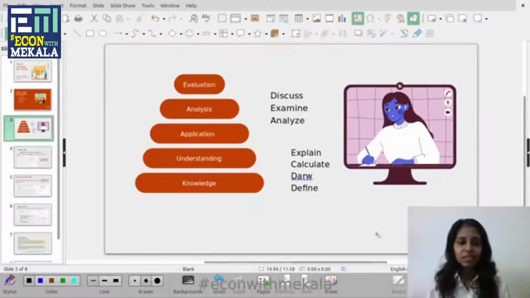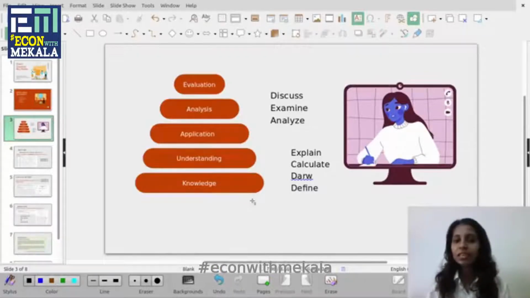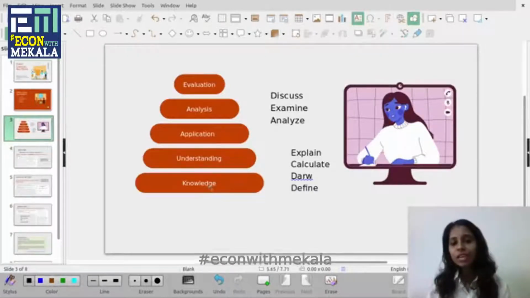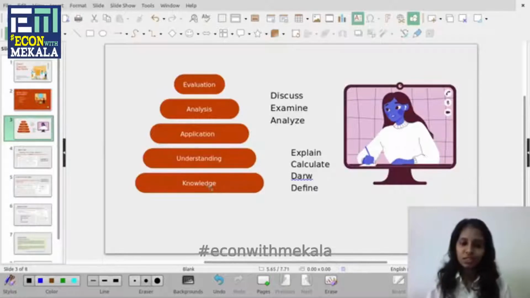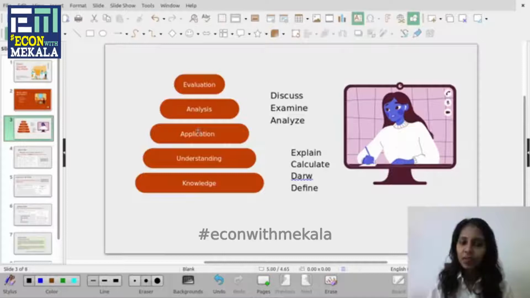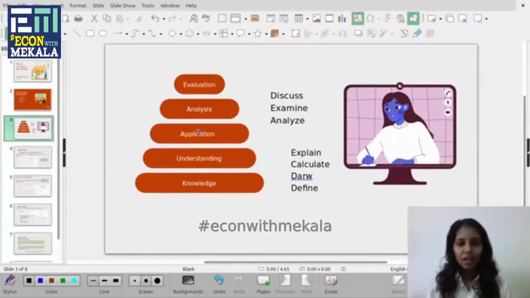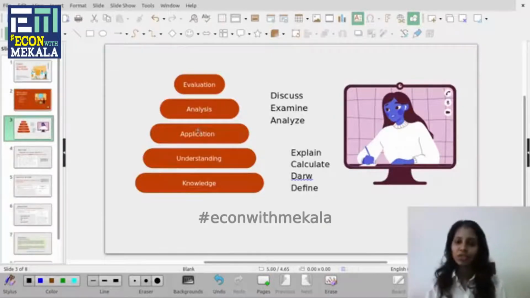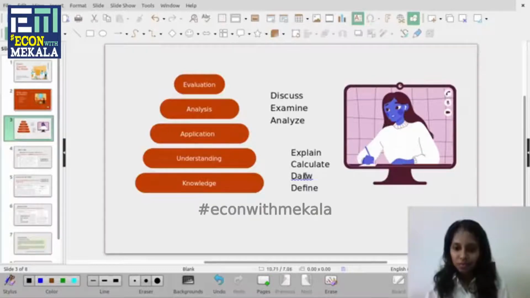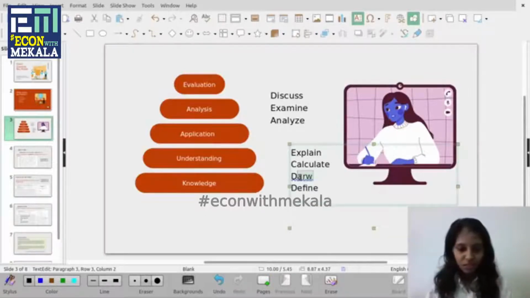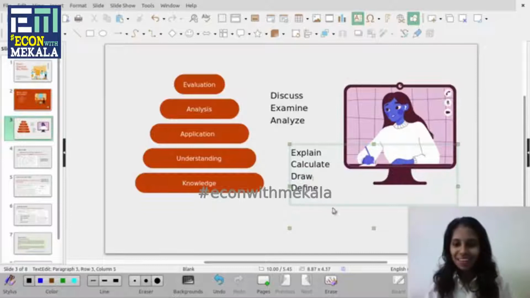I want to focus on this slide more importantly. This is the hierarchy we follow when assessing your skills in the examination. The most basic level is knowledge, next understanding, next application, then analysis and evaluation. Now there's a small mistake in the words.